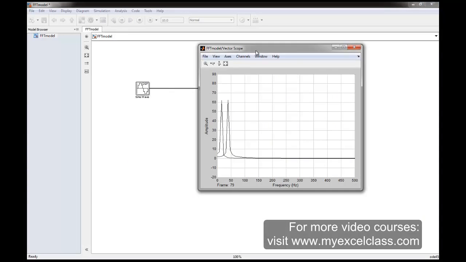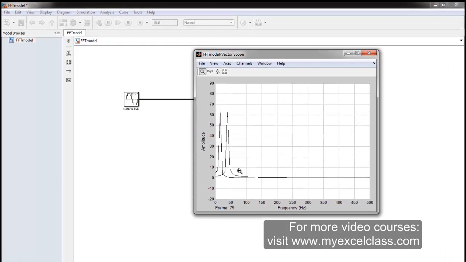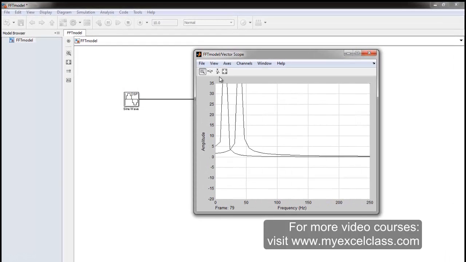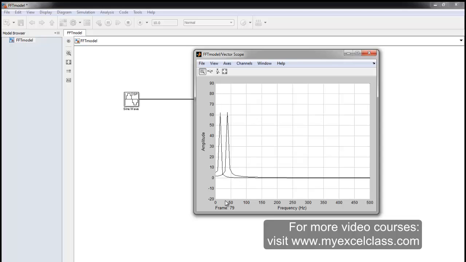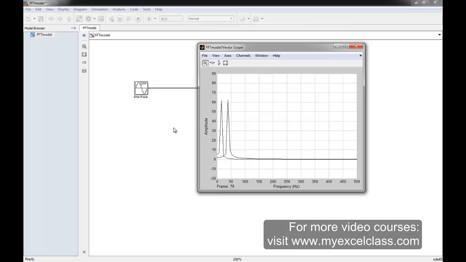Yep, now it's very clear. So you can see two spikes, one at 15 and one at 40 Hertz. So this was a Matlab Simulink example to do your FFT plots.